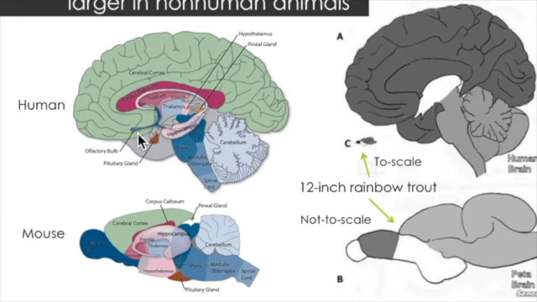Without this olfactory bulb, you can't smell. Now, relatively speaking, the mouse has a gigantic olfactory bulb, right? And the trout also has a relatively large olfactory bulb relative to humans. So it might suggest that olfactory sensations are proportionally more important for these non-human animals.